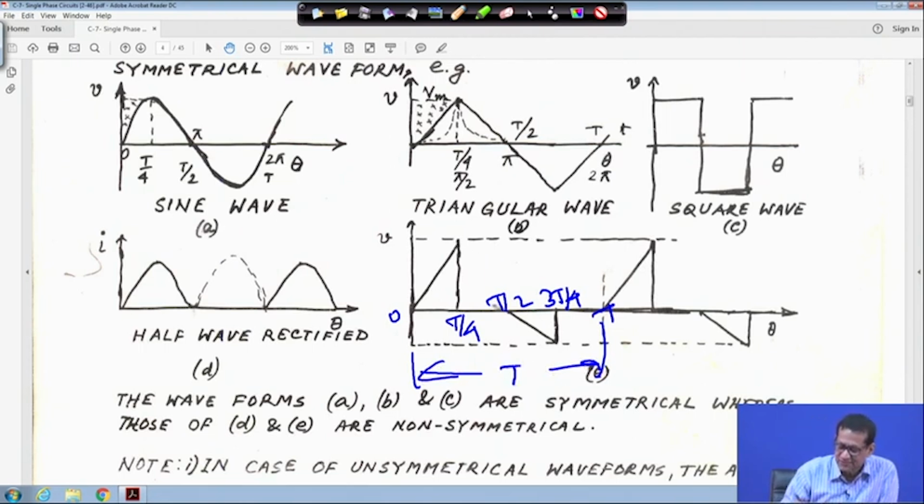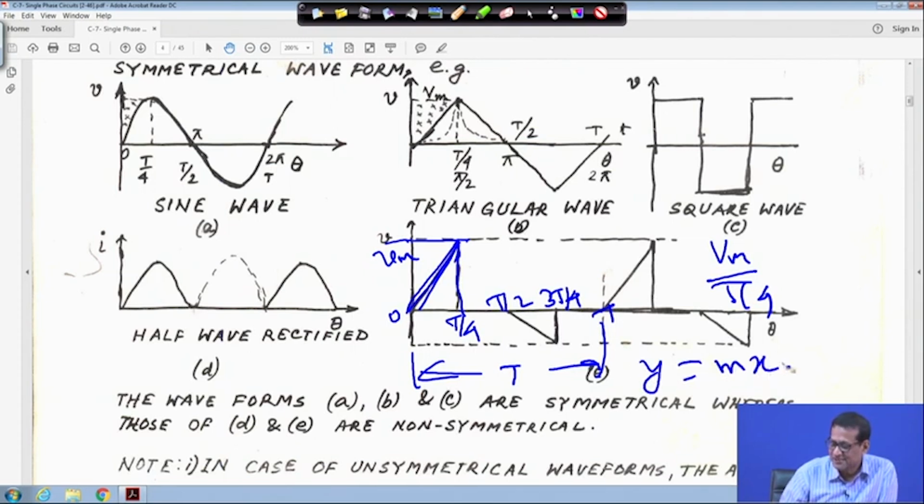For this one, this height is the peak value, Vm. Then the slope of the straight line will be Vm, the height, over T by 4, the base. The straight line is passing through the origin, so in general for a straight line y is equal to mx, but here the y side is v.